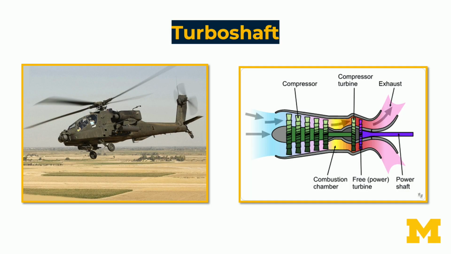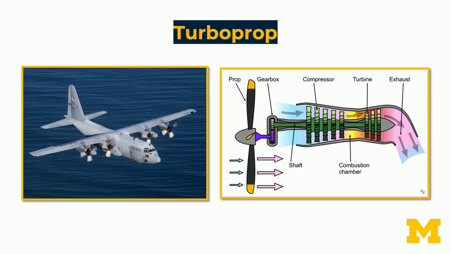So instead of the shaft turning the turbine, which turns the air intake fans, you could have that shaft turning all sorts of stuff, which is really interesting. This turboshaft jet engine turns the shaft for the rotors for the helicopter to fly. Then we have these things called turboprops, which are exactly the same thing, except that it's actually turning a propeller instead of turning a rotor for a helicopter.